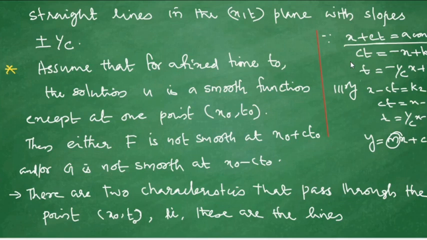So t is equal to minus 1 by c into x plus k, so minus 1 by c is the slope, and for the equation x minus ct equal to k2, 1 by c will be the slope. So the characteristics are straight lines in the xt plane with slopes plus or minus 1 by c.